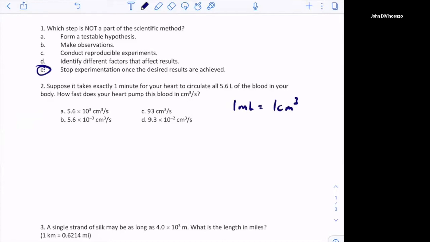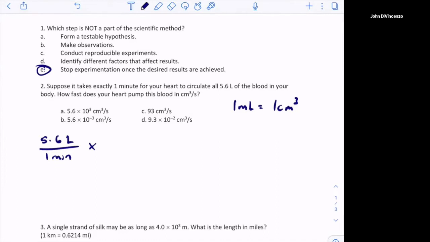So you can do this however your brain works the best, but let's just write what we have: 5.6 liters per minute, right? That's what we're told. Pumps 5.6 liters every minute. Times, doesn't matter if you do the numerator first or the denominator, we have to convert both. We have to get the bottom one to seconds, the top one to milliliters, right?